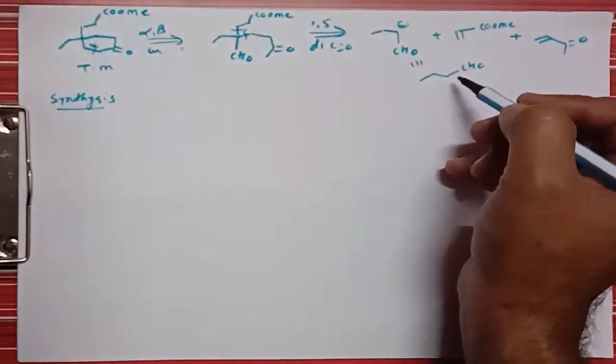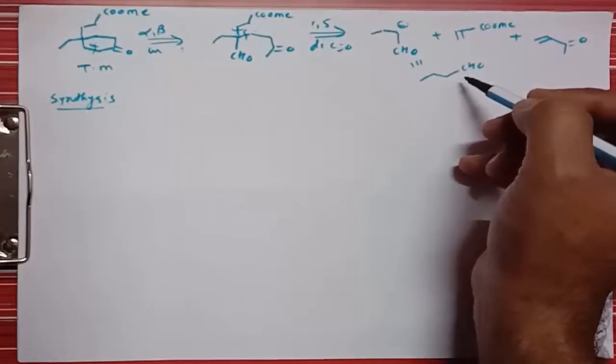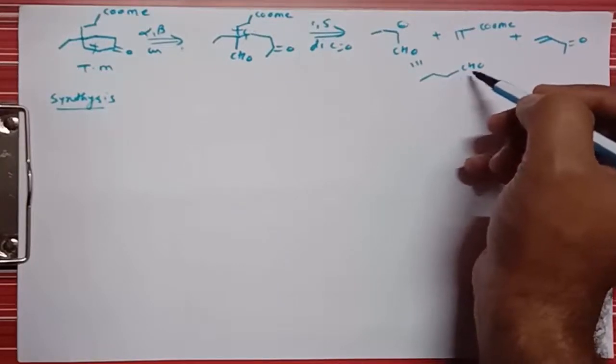We have to take the aldehyde in presence of base. If we take the base, then we get the stable enolate from this aldehyde.